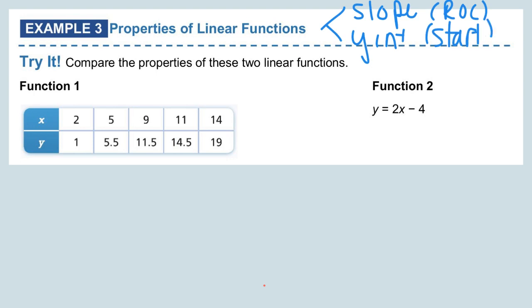All right, first we've got a table. And so we are always thinking about our change in y over our change in x. But it doesn't look at first glance like we are skip counting by the same amount. This change in y was 4.5.